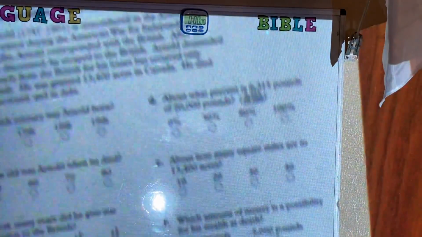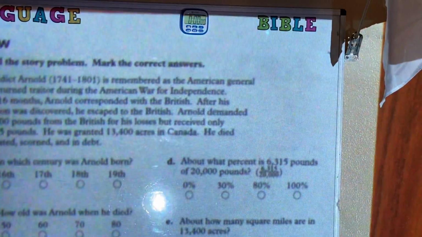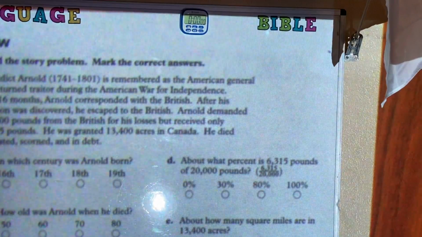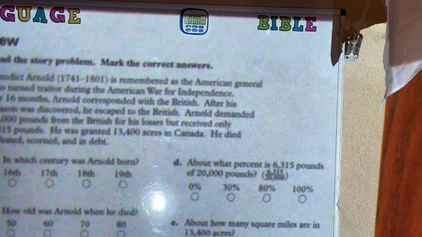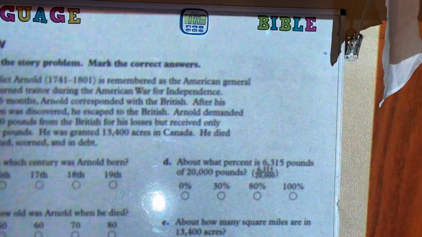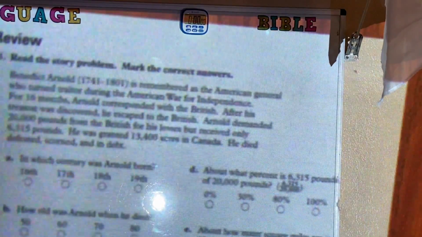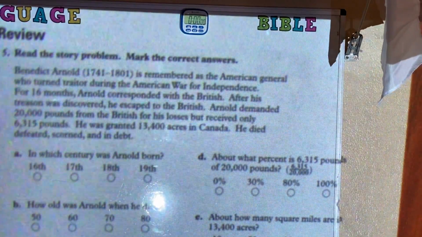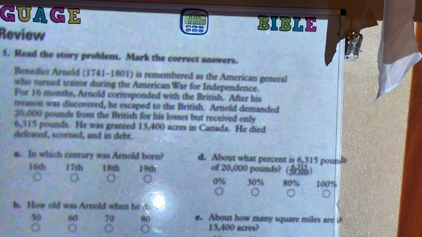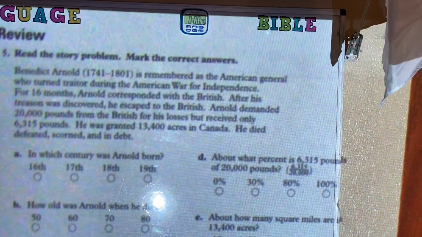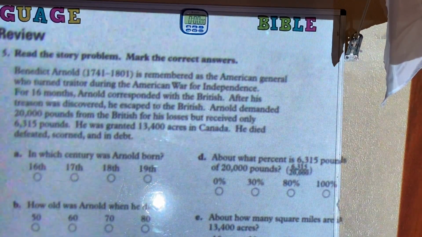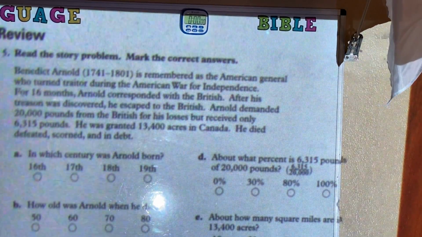You're going to read the story problem, and we're going to read it together, and I'm going to answer the first one. It says Benedict Arnold is remembered as the American general who turned traitor during the American War for Independence.